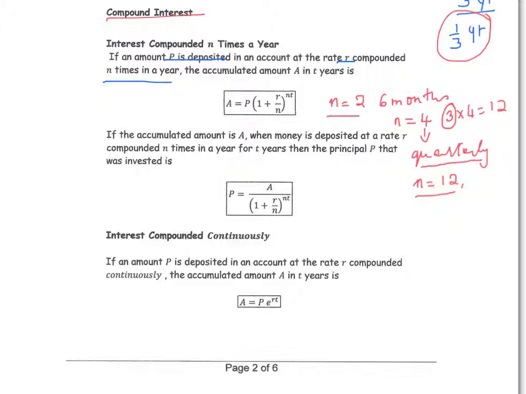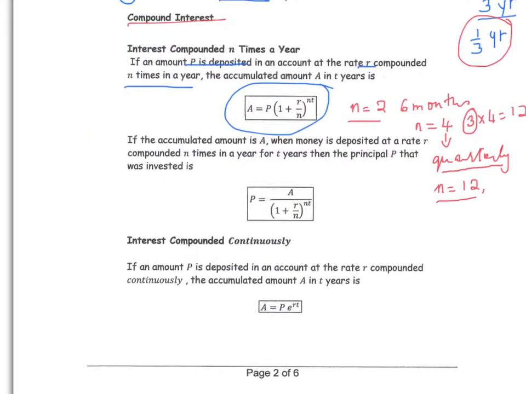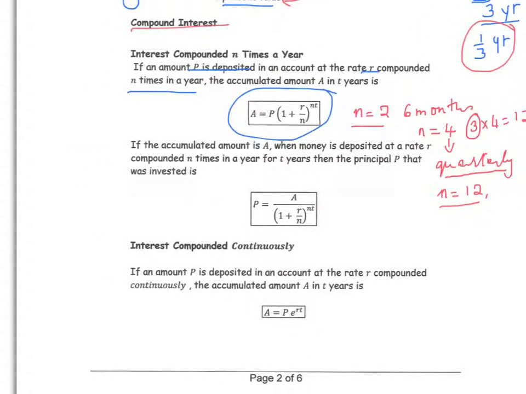So the rate is R, number of times it's compounded is n. The accumulated amount A in T years is given by this formula. If we have to calculate P, the amount that we need to deposit in order to make a certain amount of money A at a certain rate when interest is compounded n times a year, then this is the formula that you will use.